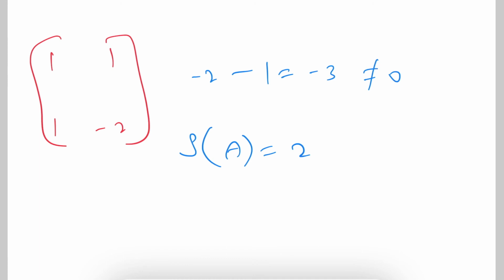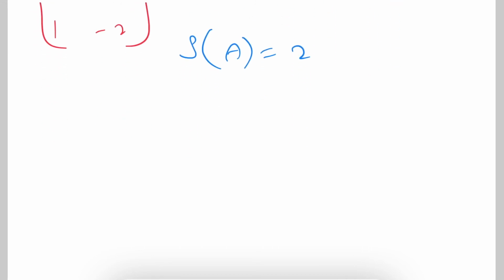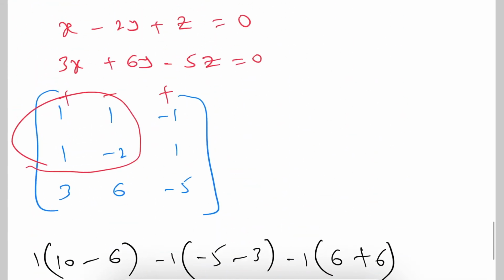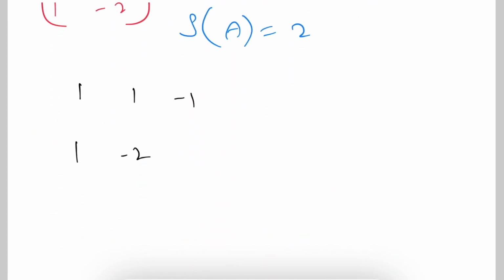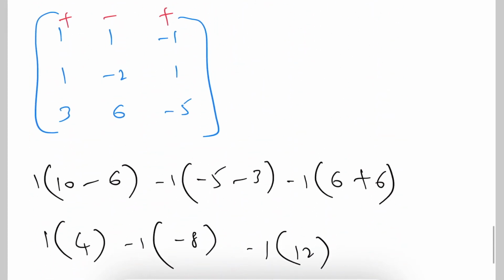So for finding the XYZ values, I will do small modifications in the given question. The given question matrix is 1 1 minus 1, and the second row is 1 minus 2 1, and the third row will be 3 6 minus 5.